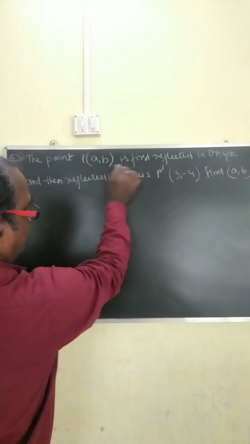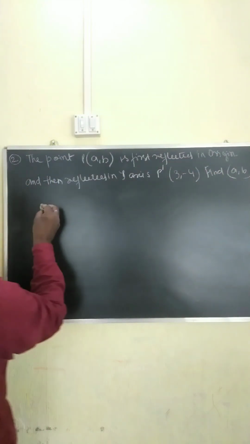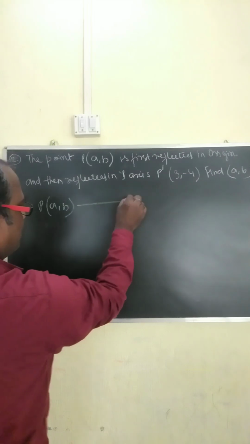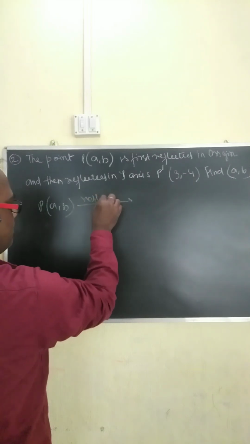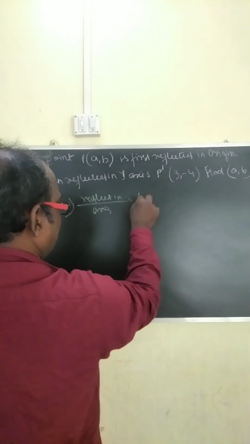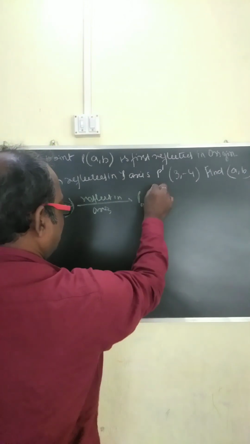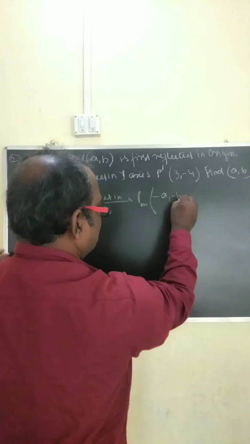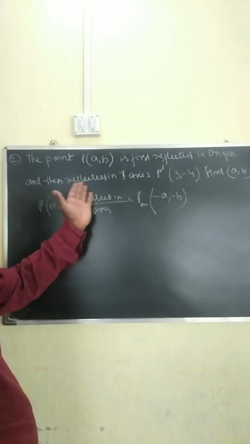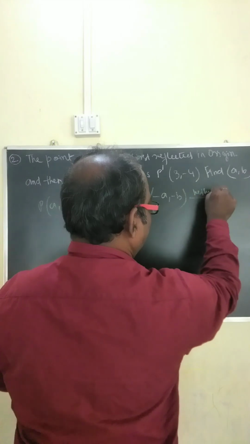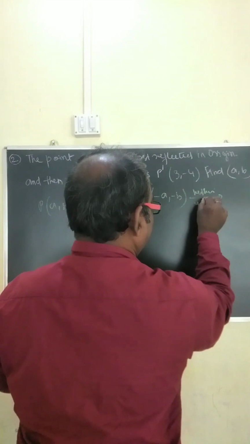Here the point P is first reflected in the origin. So we write here P(a, b) reflects in the origin. It becomes (-a, -b), as both signs change. Then this is reflected in the y-axis. So here you write reflected in y-axis.